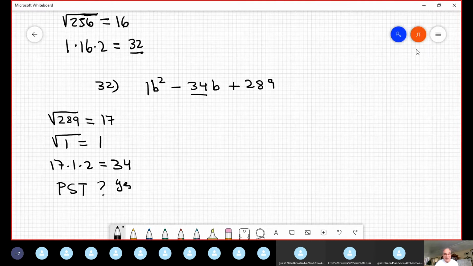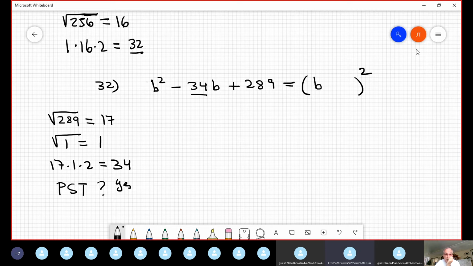And the factorization is super easy because there's only one parenthesis, squared, and inside the parenthesis you put something. Help me: what do you put inside the parenthesis? Like 1, but here B, the variable.